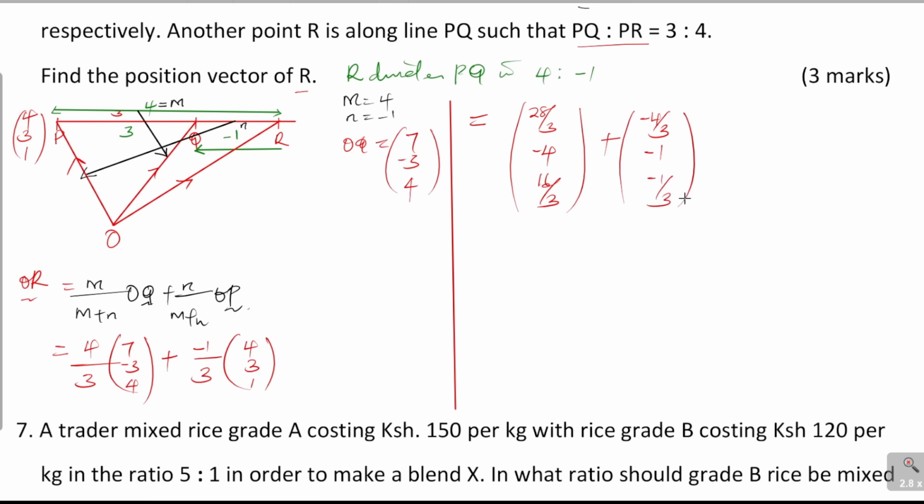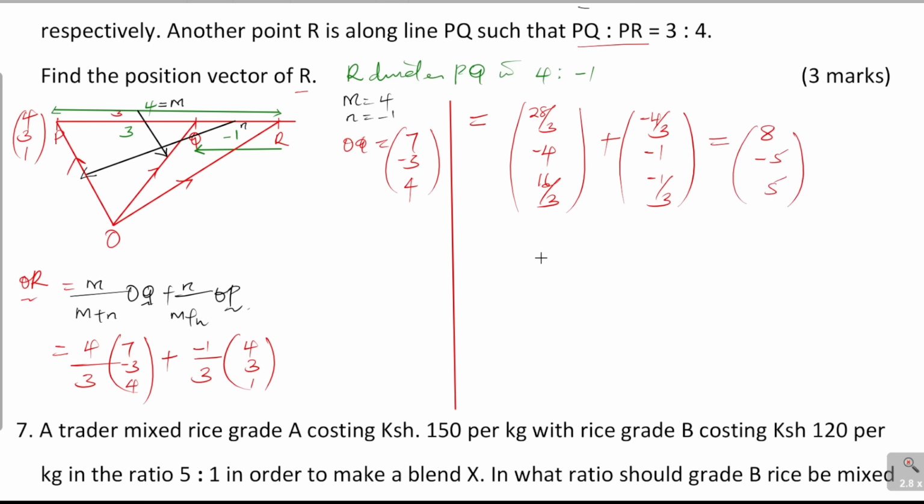So when you add these, 28/3 subtract 4/3 gives 24/3, which is 8. -4 plus -1 will be -5. 16/3 subtract 1/3 is 15/3, which is 5. So that is what you get.